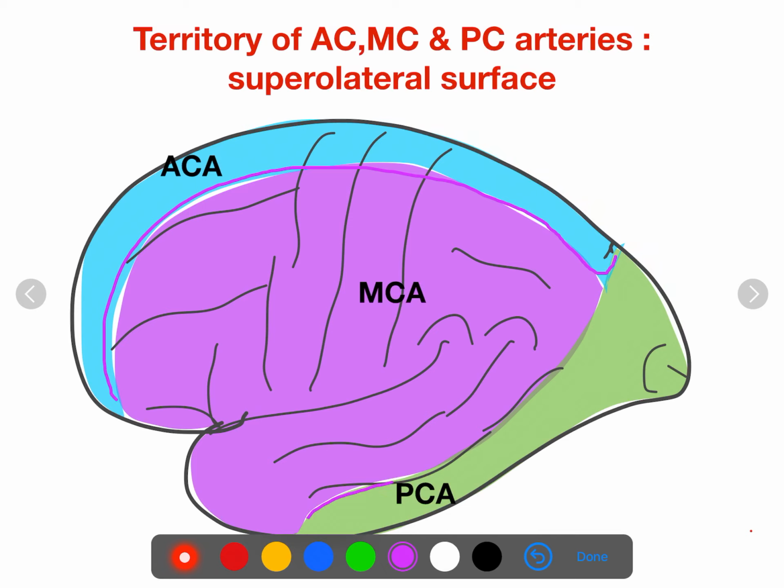The inferior part of the temporal lobe as well as the occipital lobe is supplied by the posterior cerebral artery. The rest of the area is supplied by the middle cerebral artery. That is why the sensory as well as motor cortex, Broca's speech area, auditory area, and Wernicke's area will all be affected in case of middle cerebral artery involvement.